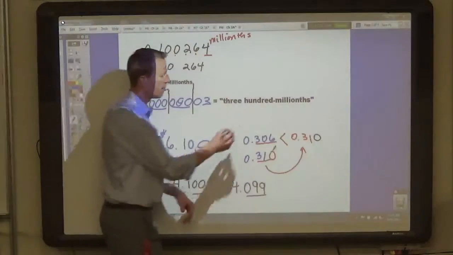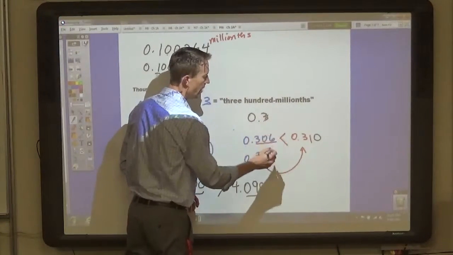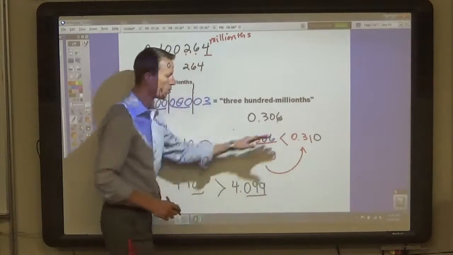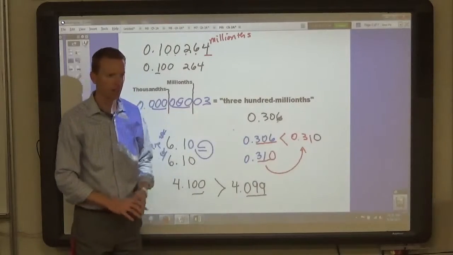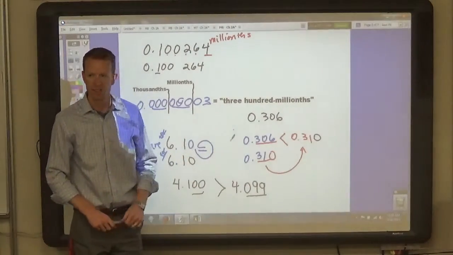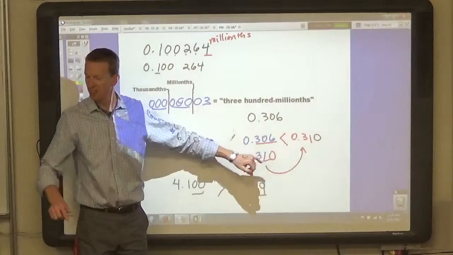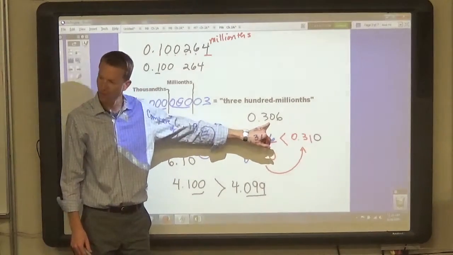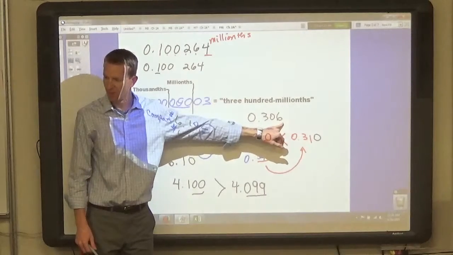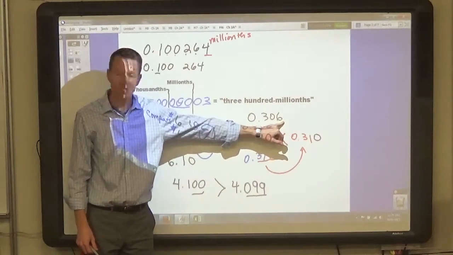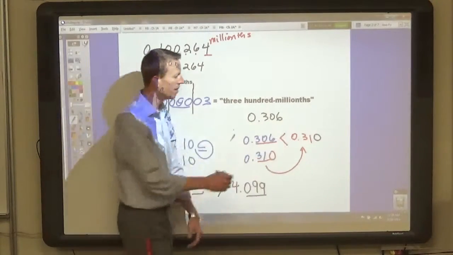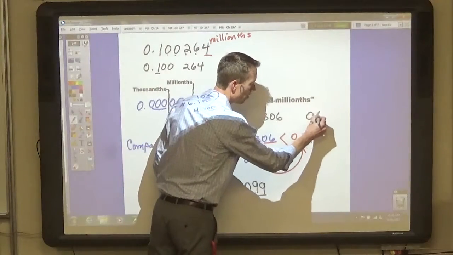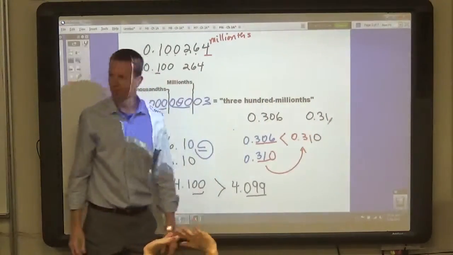So originally this said 0.306. How would you read that number? 0 and 306 thousandths. Correct. And how would you read this one?